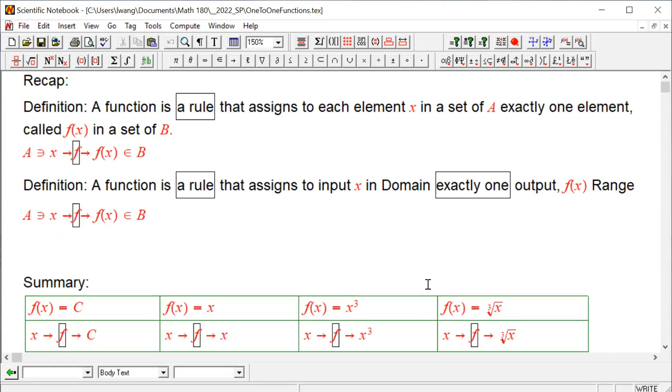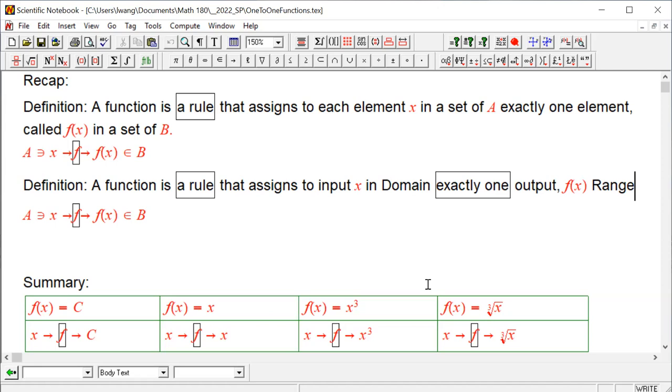Every rule that fits this definition has a domain, the collection of all the numbers the rule can apply to, so that exactly one output is produced for each input.